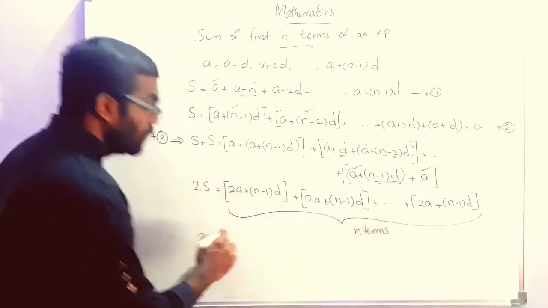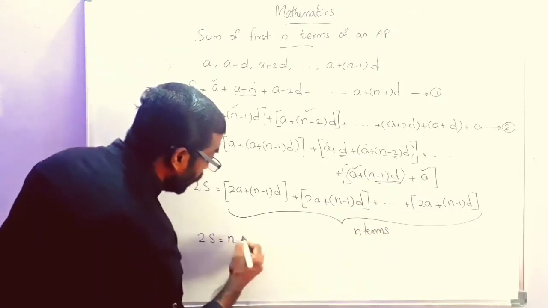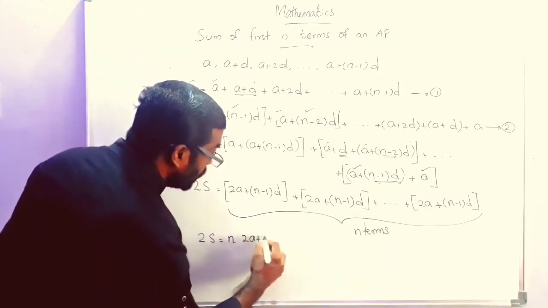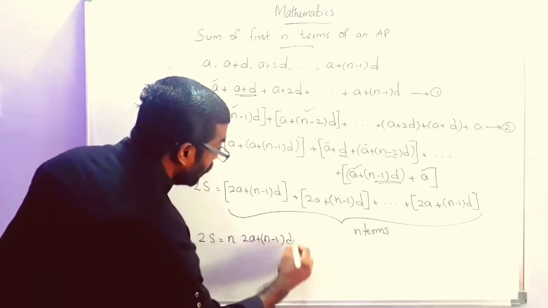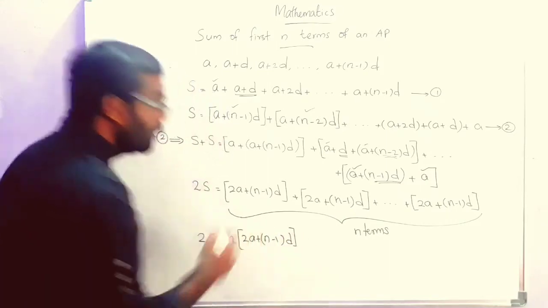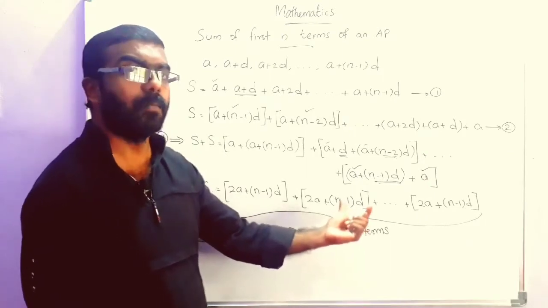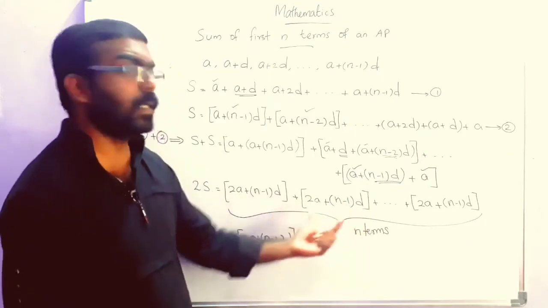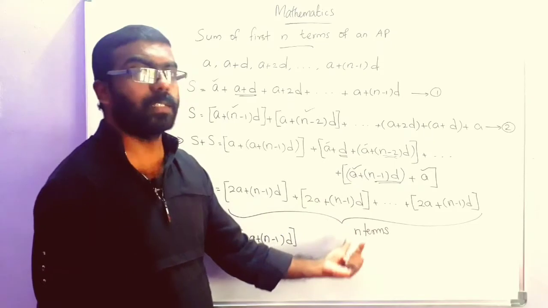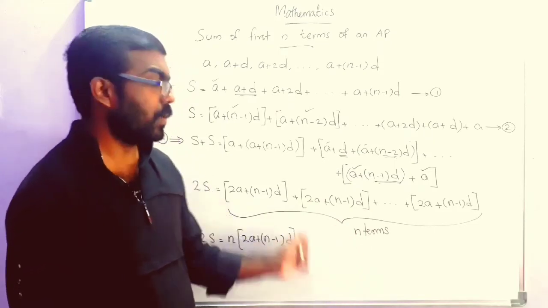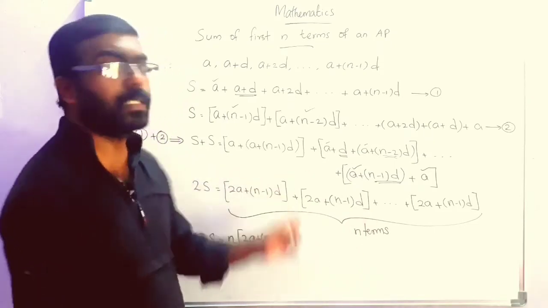So here n into 2A plus n minus 1 into D. Understood? Each and every term are alike, same. So the sum will be the number of times. Here there are n terms, so n times the particular term.